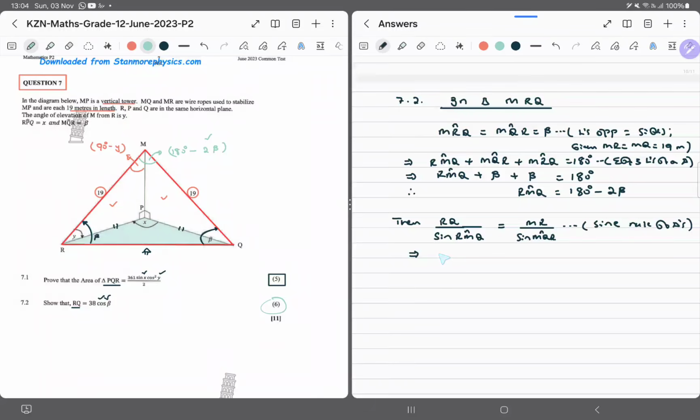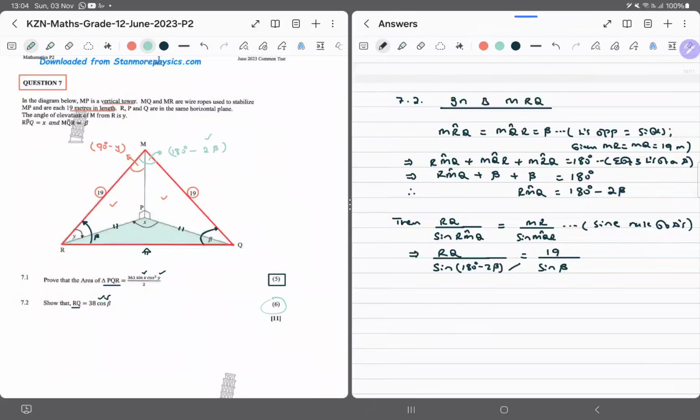So RQ is what we want over the sine of 180 degrees minus 2 times angle beta, is equal to MR, which is 19, divided by sine of this angle beta.